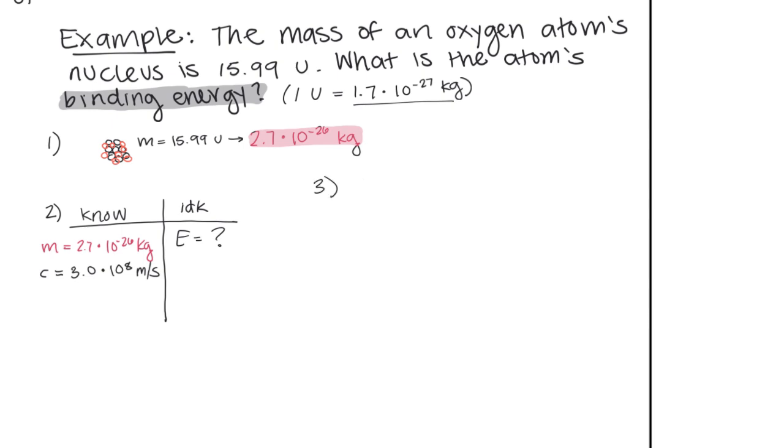All right, so now that we've got everything laid out, we can go ahead and move on to our step number 3, which is getting our equation set up. E equals mc squared. All right, thankfully this is all set up to solve for our unknown value, which is E. So we can go ahead and start plugging those numbers in.